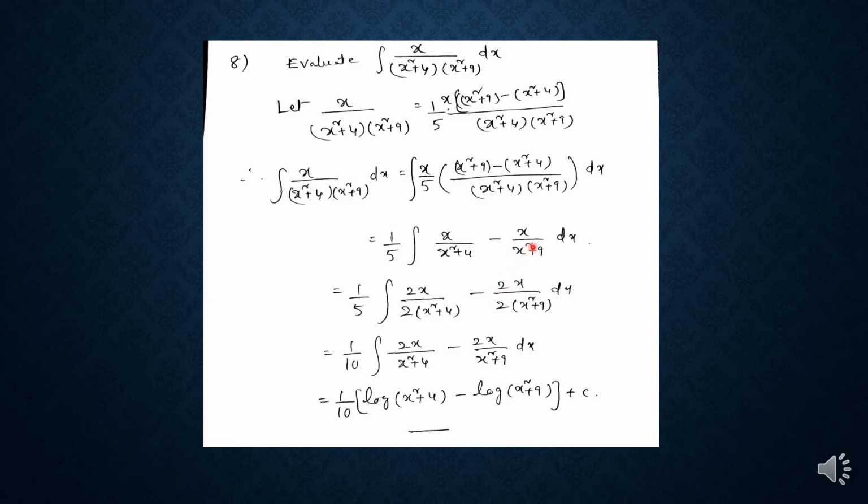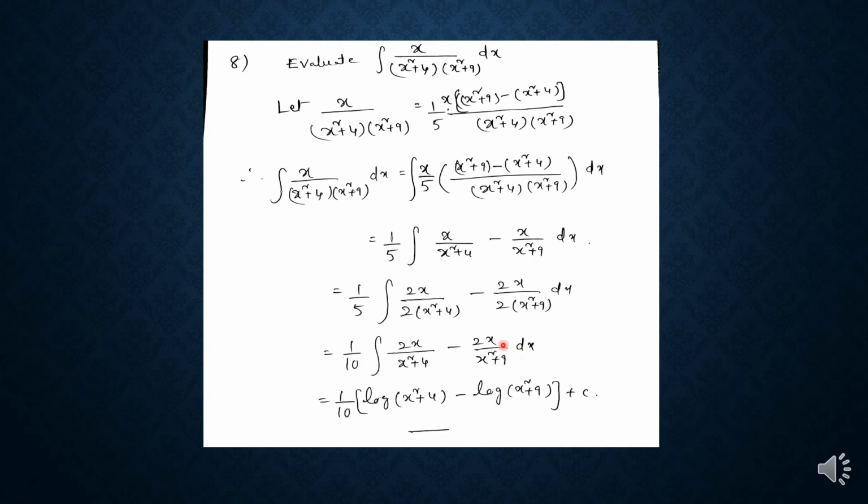minus, here also the same form, f dash x by f of x. Here f of x is equal to x square plus 9 and f dash x is 2x. Here we have only x. To get that standard form, multiply and divide with 2. Then you will get 2x by 2 into x square plus 9. Then that becomes 1 by 10 into integral 2x by x square plus 9 dx.